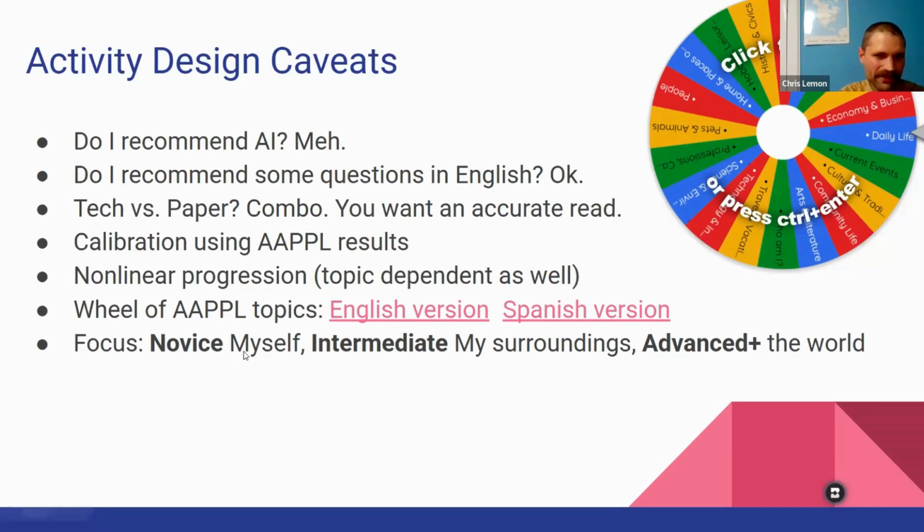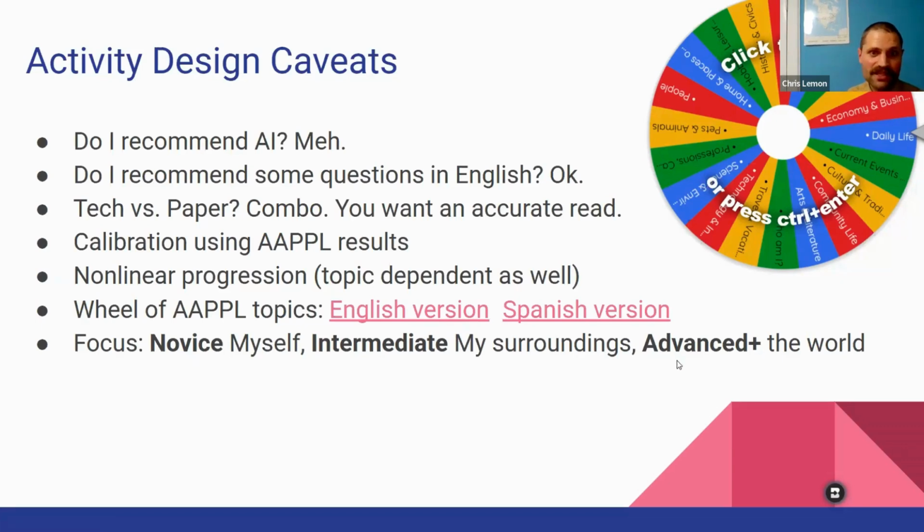And I talked a little bit about this earlier, but again, for your activities, you want to keep in mind that if someone is functioning at the novice level, they're usually pretty good about talking about themselves. If we're pushing into the intermediate level, then we're able to talk more about our surroundings and people we know well and stuff like that. And then really when we're talking about the wider community or talking about the world, then we're really talking more about advanced plus level.